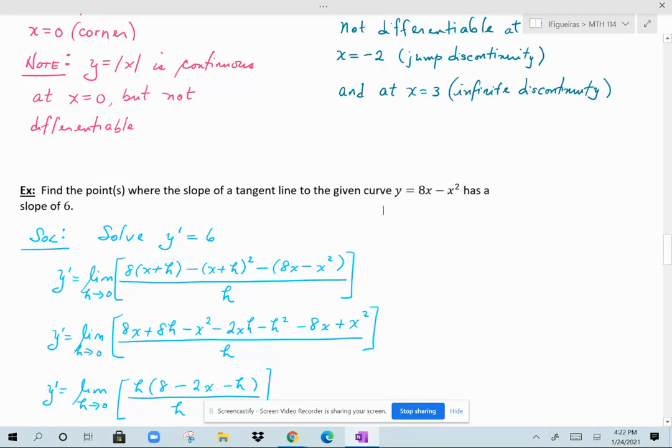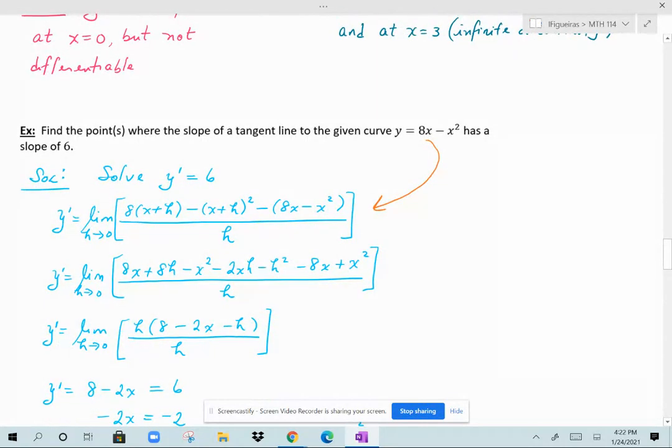My function is a quadratic. I again use the definition. Just like in the previous examples, you distribute and FOIL. Lots of things will cancel. The 8x's cancel, the x squareds cancel, and I'm left with 3 terms with h's in them.